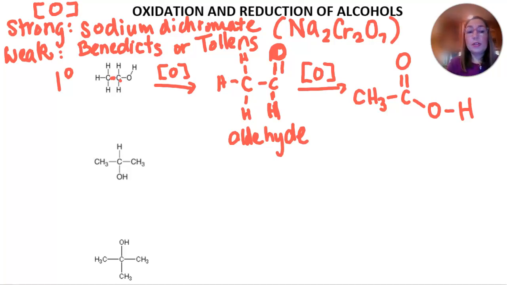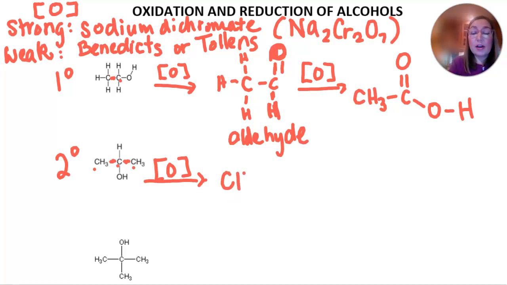What about a secondary alcohol? Here we've got isopropanol, isopropyl alcohol, or CH3CHOHCH3. So we've got 3 carbons in our chain. Our carbon in the center connected to our alcohol is connected to 2 other carbons. That's going to be a secondary alcohol. What do secondary alcohols do in oxidation? Well, secondary alcohols can oxidize with a strong oxidizing agent to a ketone.